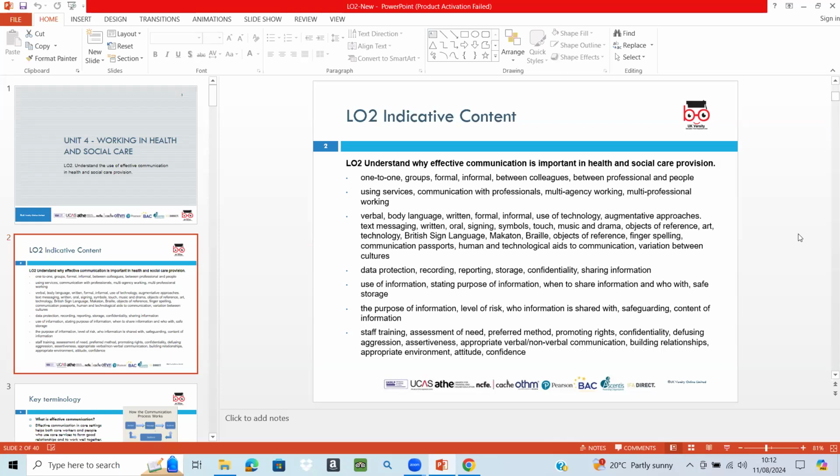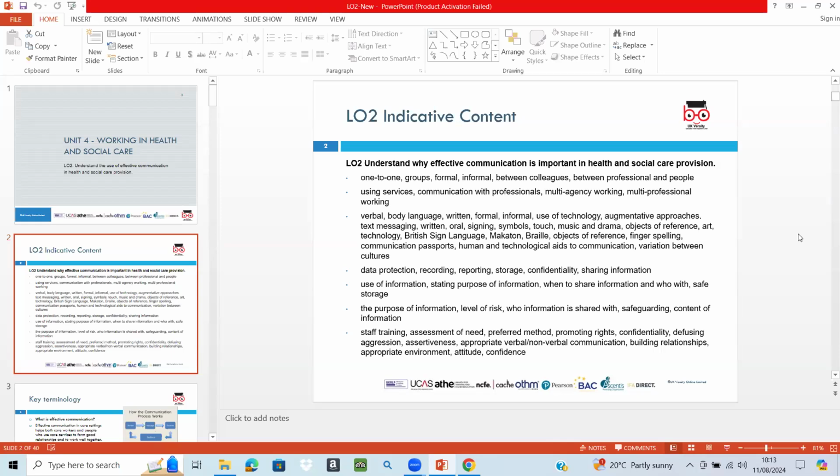So the third point is that we need to learn the principles of confidentiality and how to handle information. Confidentiality is very important in healthcare ethics.